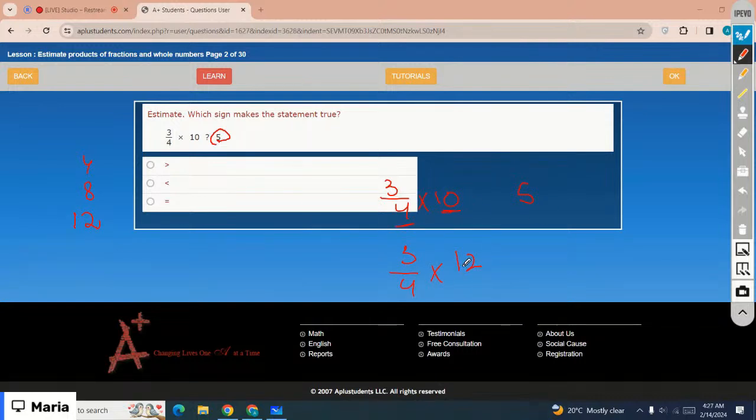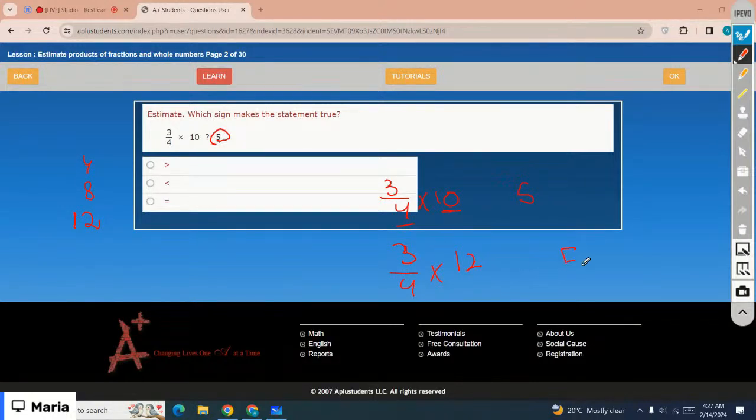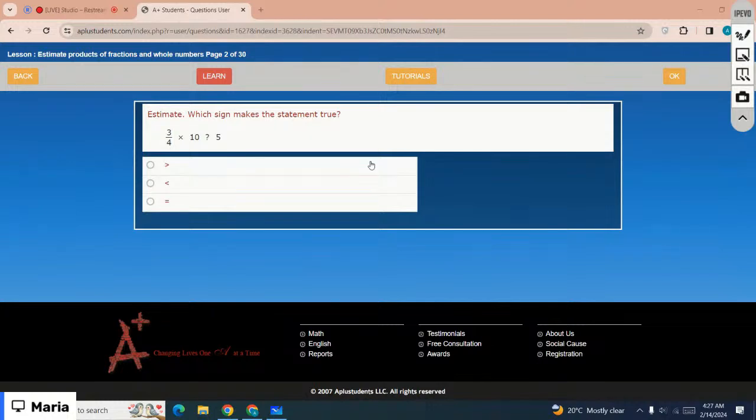So that you can easily divide that 12 by 4, right? So 12 times 3 is 36 and 36 divided by 4 is 9. And now you can compare 9 and 5. That means 9 is greater than 5. The correct option is greater. Option number 1 is the correct option. 9 is greater than 5.